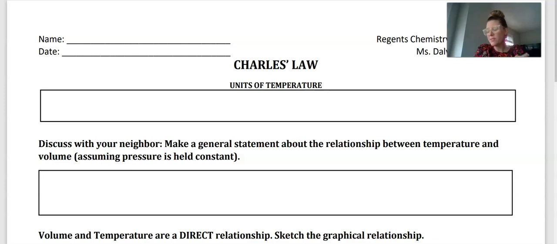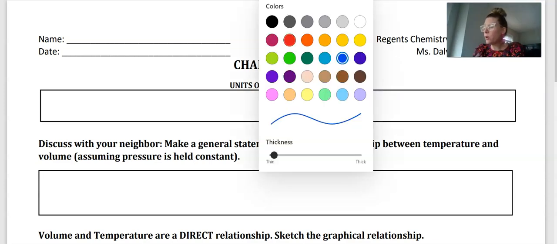So first and foremost, we do need to talk a little bit about temperature. Again, this was mentioned in class, but when we are working with gas laws, we cannot work with solely degrees Celsius. We run into an issue where we end up getting negative numbers because it can very easily reach negative degrees Celsius, as well as undefined values when we are working with a zero in the denominator.